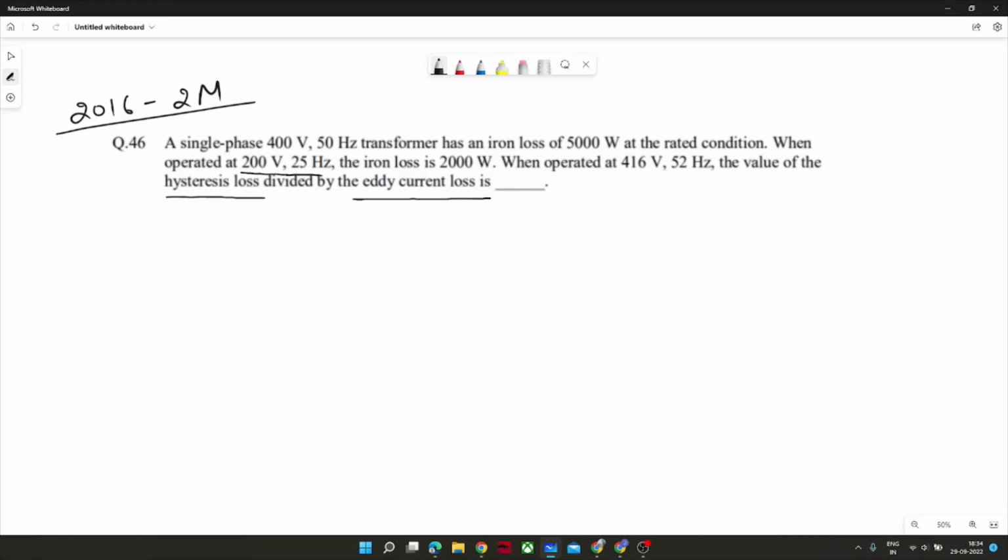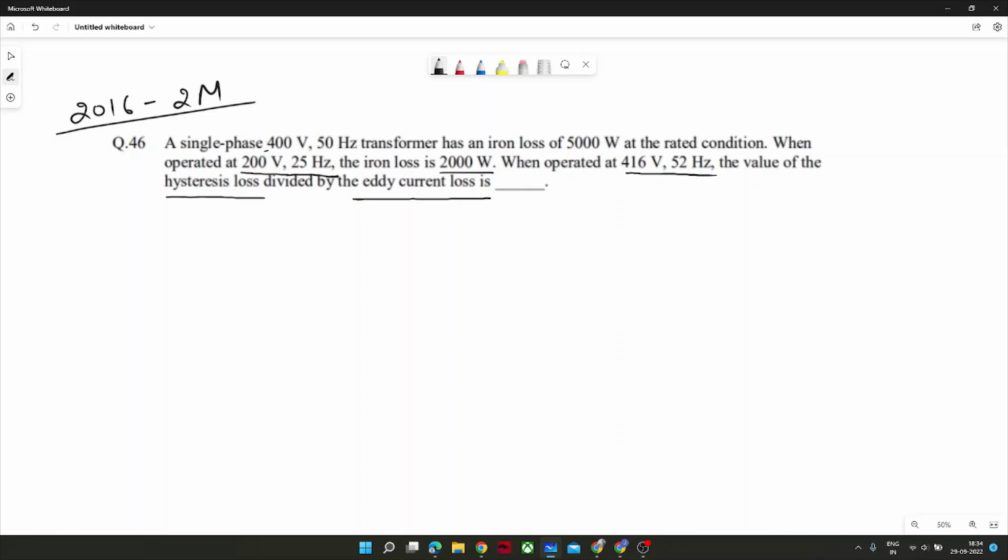The first operating point is 200 volt 25 hertz, and at that operating point iron loss is given as 2 kilowatt. Another operating point is 416 volt 52 hertz, and we had to calculate the losses at that operating point.